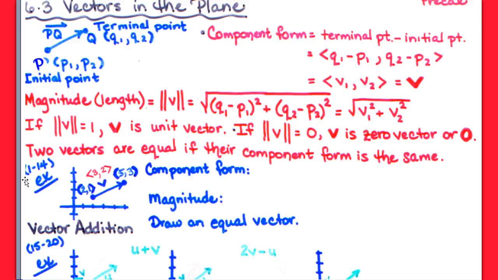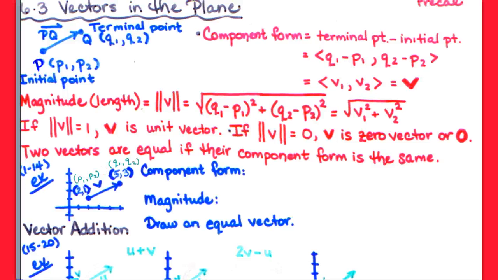So for the component form, we could say Q1 minus P1 and Q2 minus P2. So for Q1 we had 5 and for P1 we had 2.